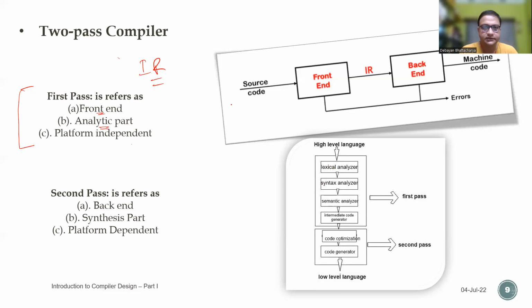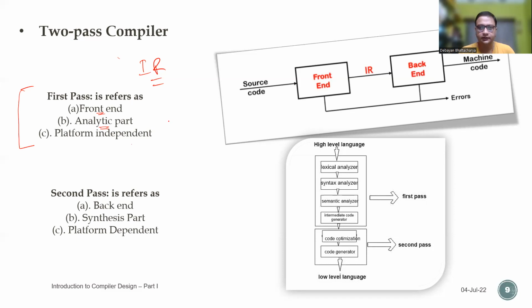At first, the compiler scans the input which is written in a high level language. Then it tries to find out whether the syntax written in our programming language is correct or not. Correct or not means whether that particular syntax matches the grammar rules already defined for that language.